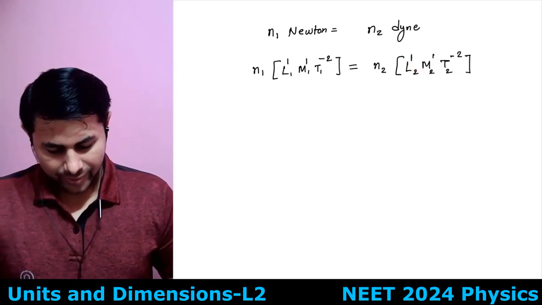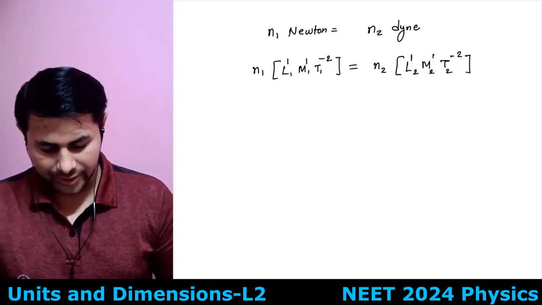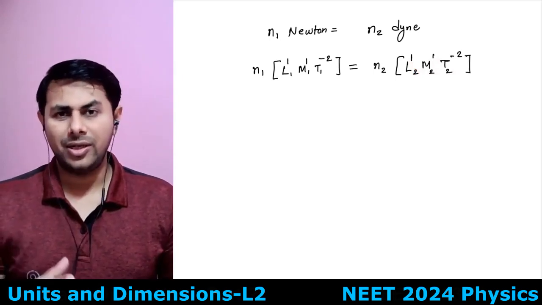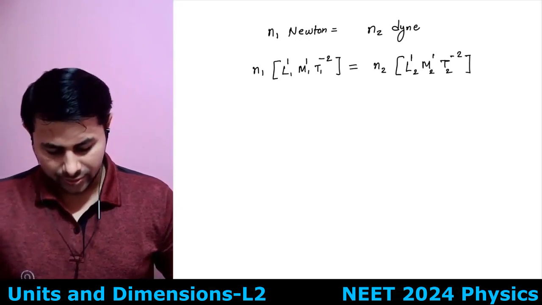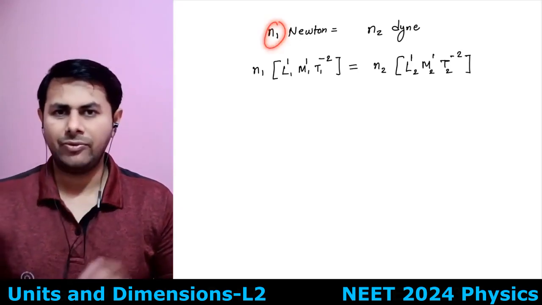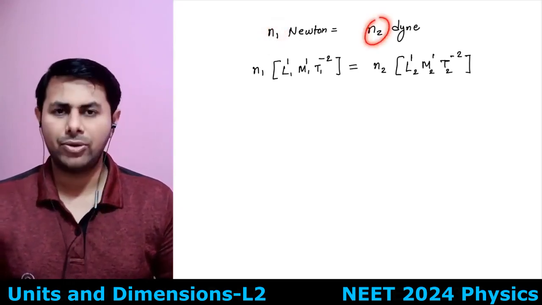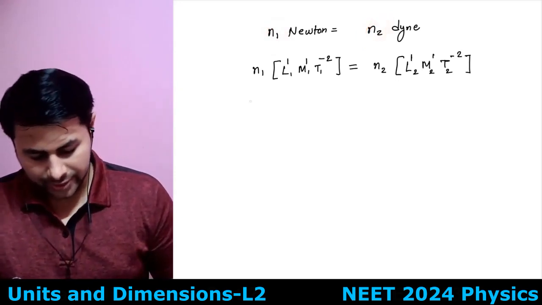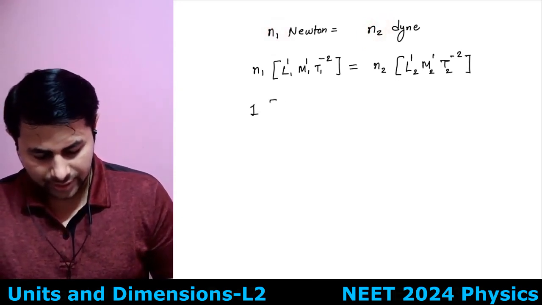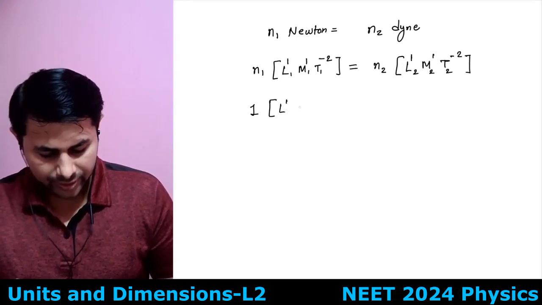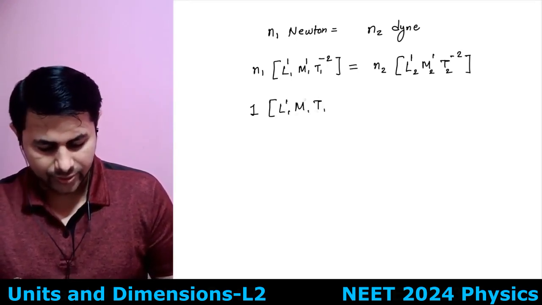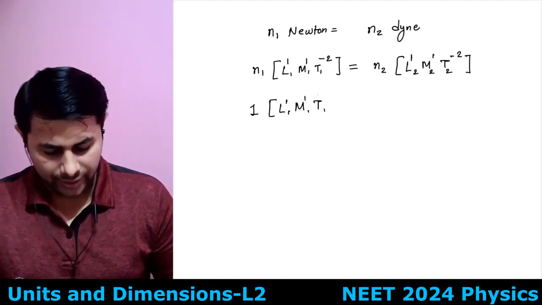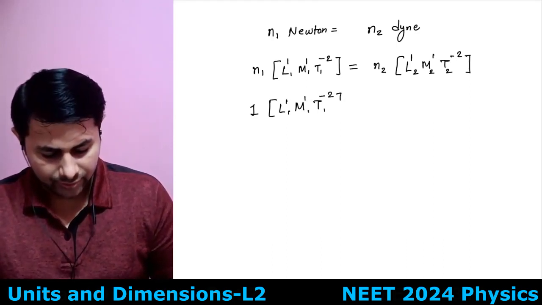All right, so now I want to find out, let's say 1 Newton equals how many dyne. So what I will do is substitute N1 equals 1 and find N2. So N1 is 1, and I have L1 raised to 1, M1 raised to 1, T1 raised to minus 2.